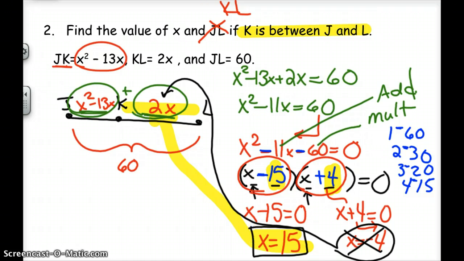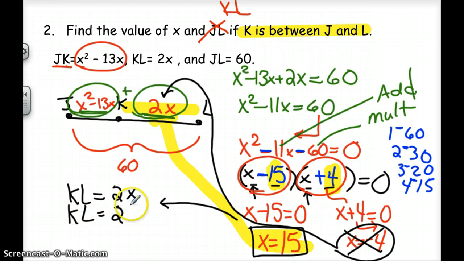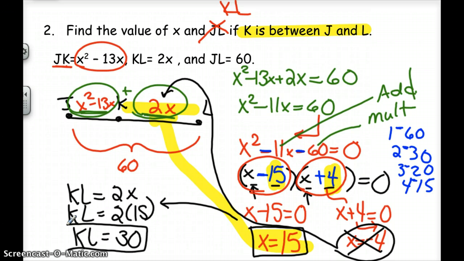I also need to find, I'm going to come over here, people, because I'm running out of room. I need to find KL. And KL was 2 times x. So my KL is 2 times 15. So my KL is 30. So I'm going to box that answer in as well.